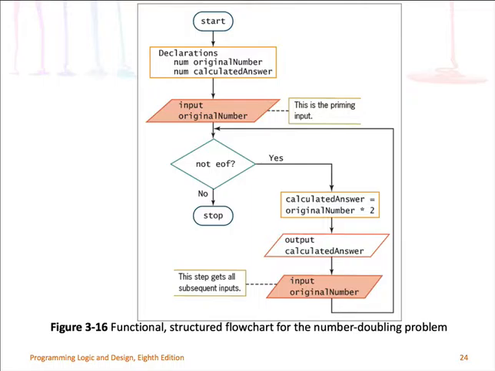So I would argue that the first time you read a number that was the original number, but when you came back and got another number, that's not necessarily something you would call an original number. So inputted number, user's number, something like that would probably be a much better variable name instead of original number.